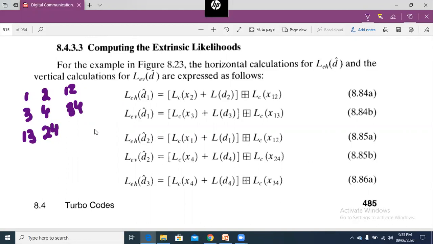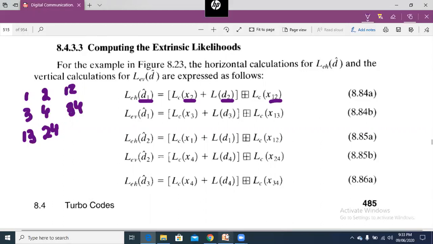So for data bit 1, we have the channel stats for X2, data bit 2, and the channel stats for X12, right?